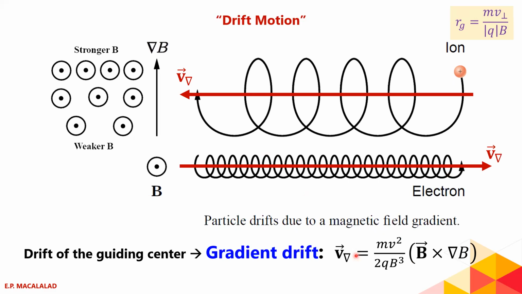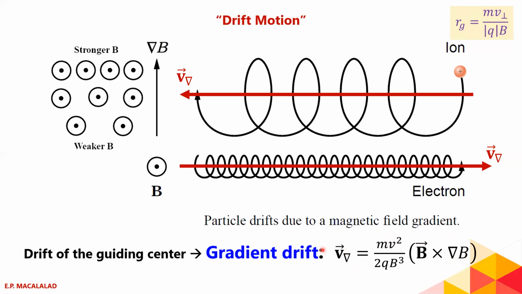And the magnitude will be dictated by several things: the mass of your charged particle, so the heavier the mass, the faster the drift; the initial velocity V of your particle; the magnitude of the charge; as well as the magnitude of your magnetic field.